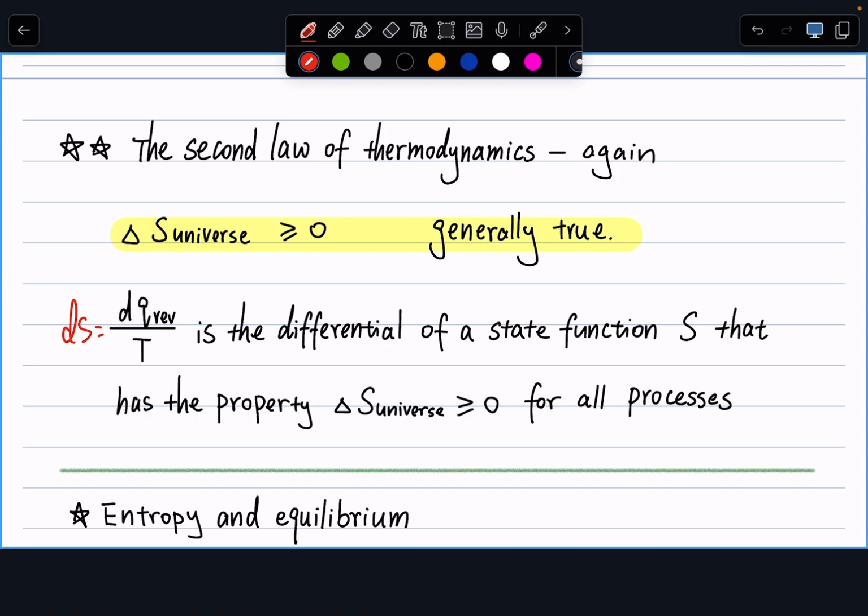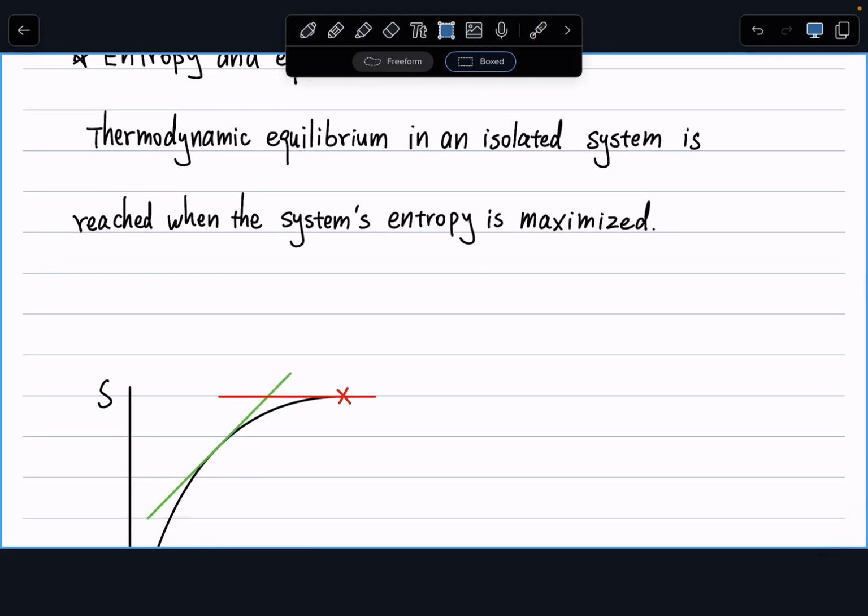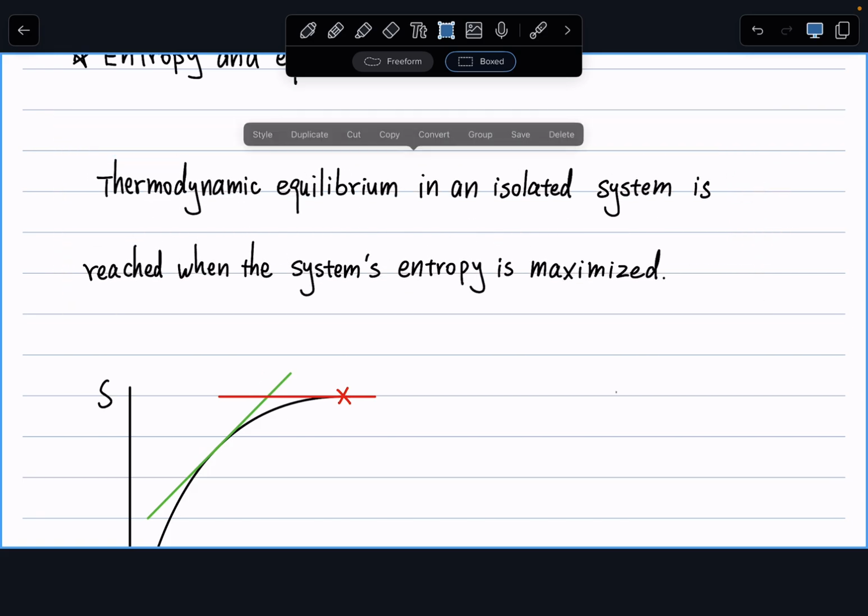All right. And now we have our second law of thermodynamics. We know that delta S is 0 for reversible processes and delta S is larger than 0 for irreversible processes. Let's connect it to something we are more familiar with as chemists, which is equilibrium. So what exactly is the relationship between entropy and equilibrium?